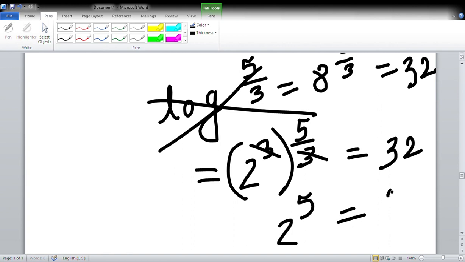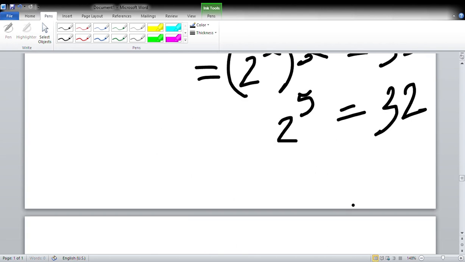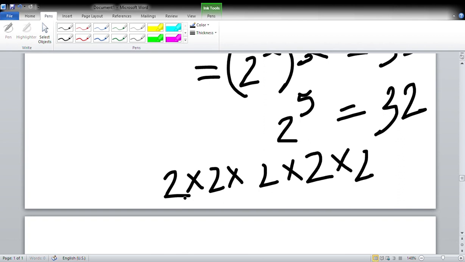If you multiply 2 five times, 2 into 2 is 4, 4 into 2 is 8, 8 into 2 is 16, and 32. So 32 is equal to 32. It is proved.